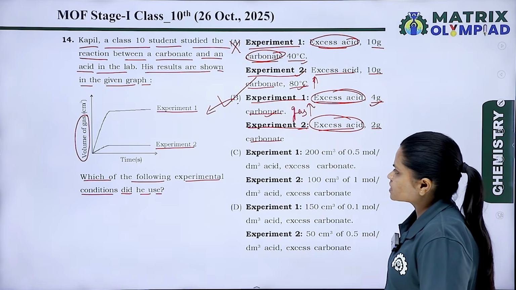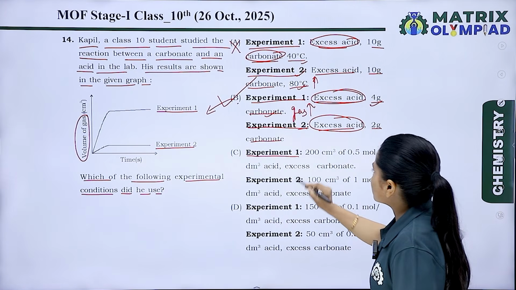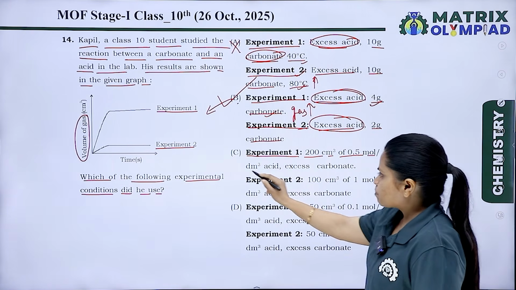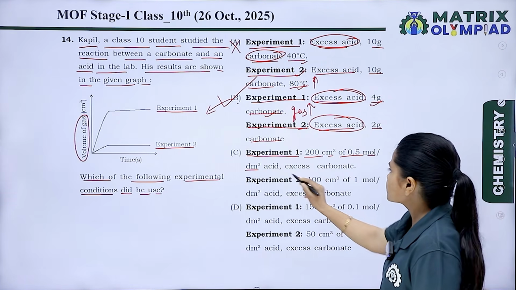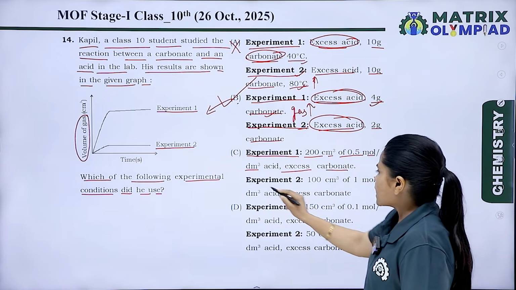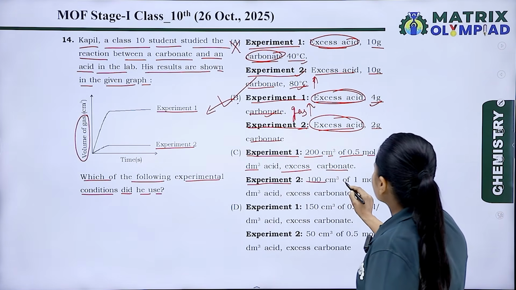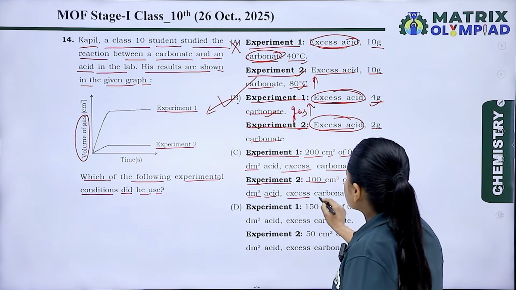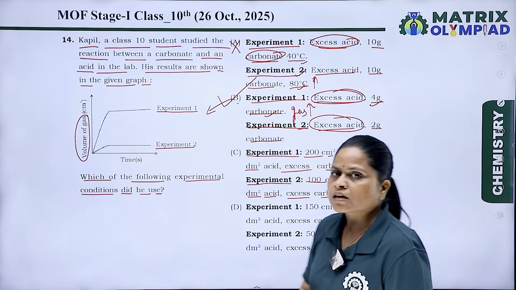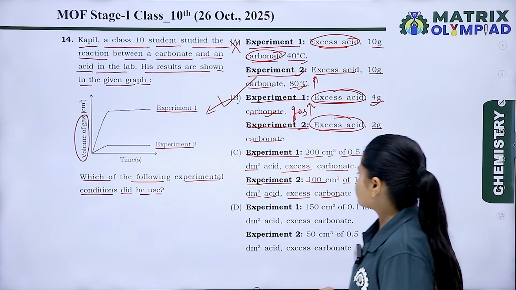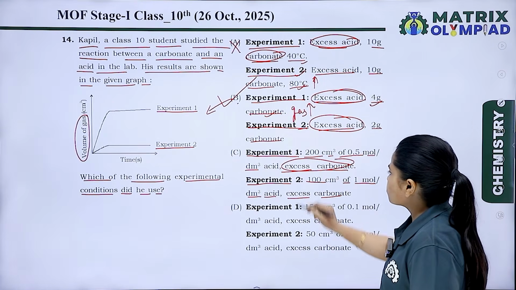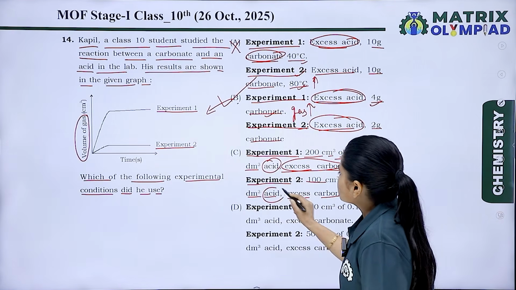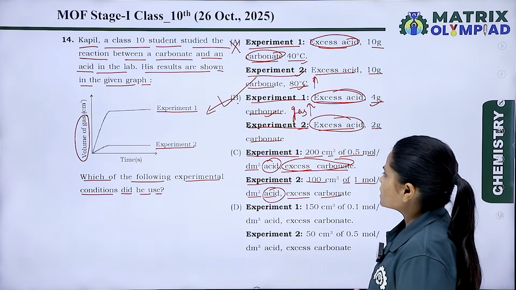Let's discuss options C and D. Experiment 1, 200 centimeter cube of 0.5 mole per decimeter cube acid, excess carbonate, experiment 2, 100 centimeter cube of 1 mole per decimeter cube acid, excess carbonate, and in these cases the carbonate is the same for both experiments, but the concentration of acid is changed.